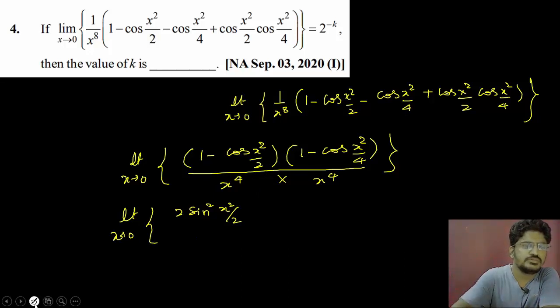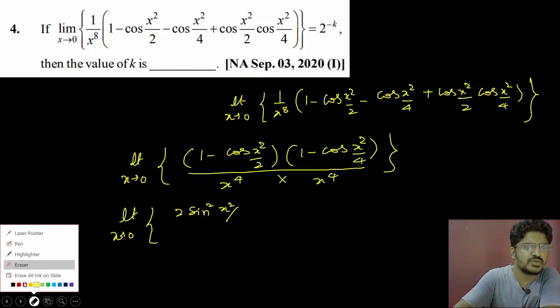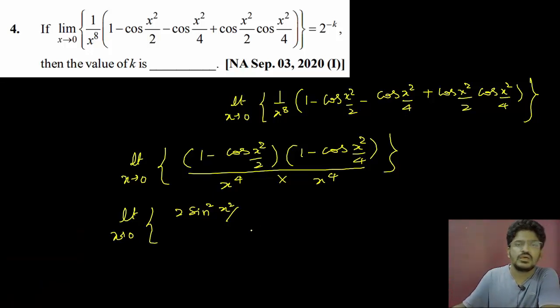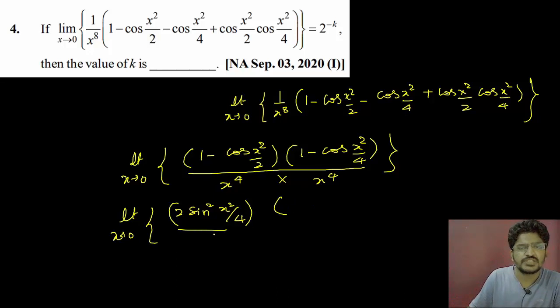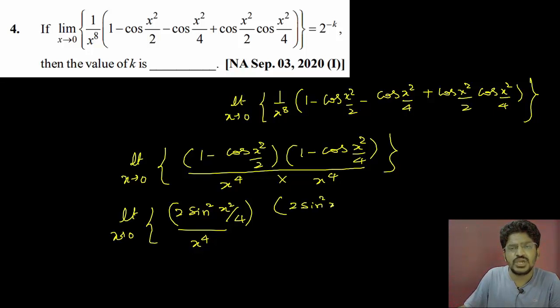Okay. So 2 times sine square x square by 4, 2 times sine square x square by 4. Clear? And here also you are going to write it as divided by x to the power of 4. You write as it is, and this will be 2 times sine square x square by 8. 4 into 2 will be 8.